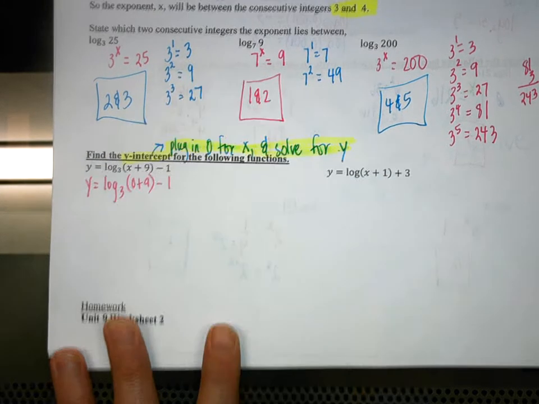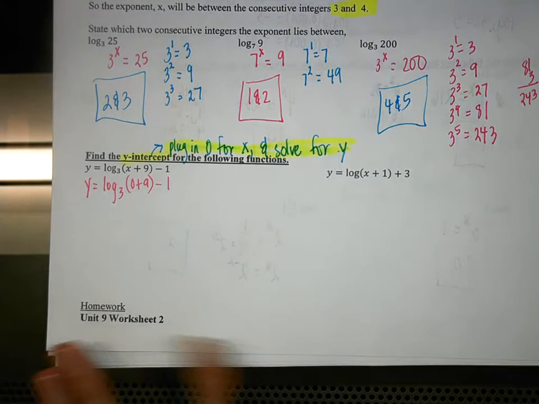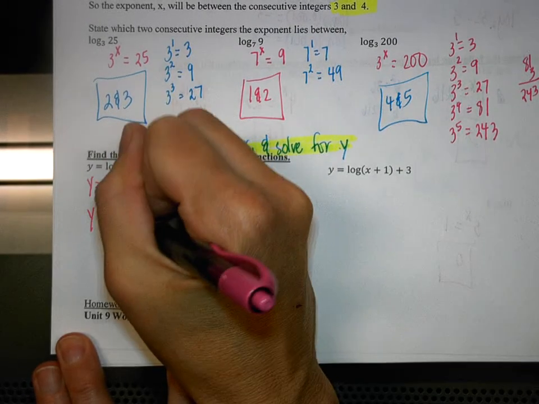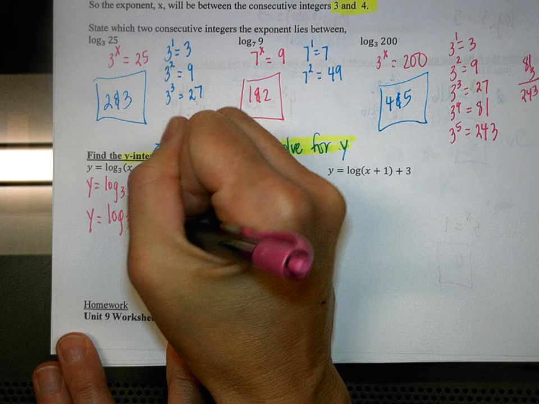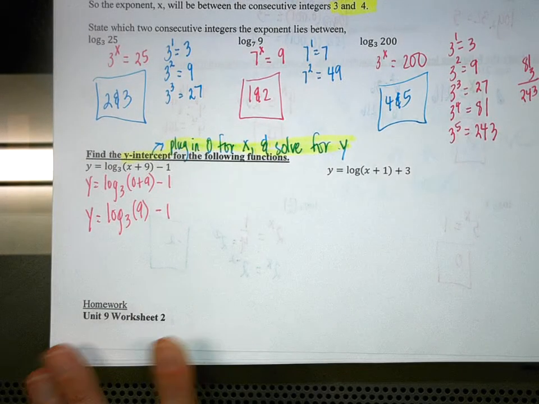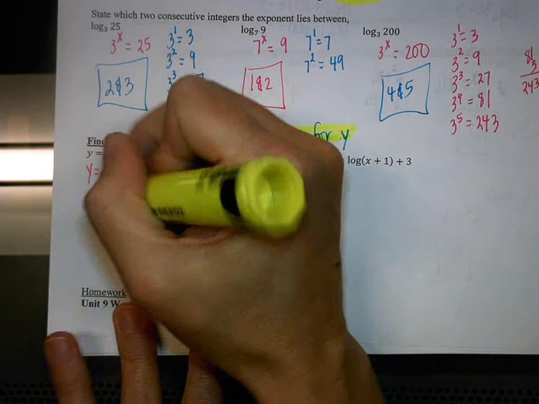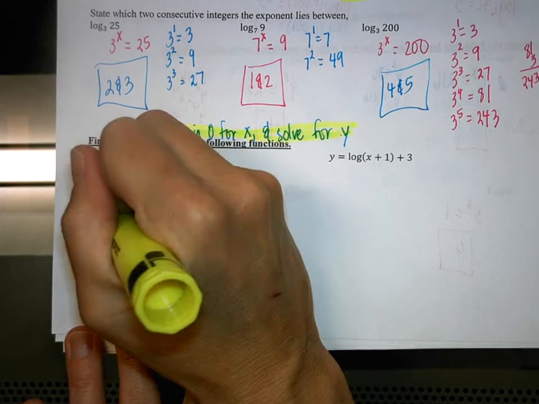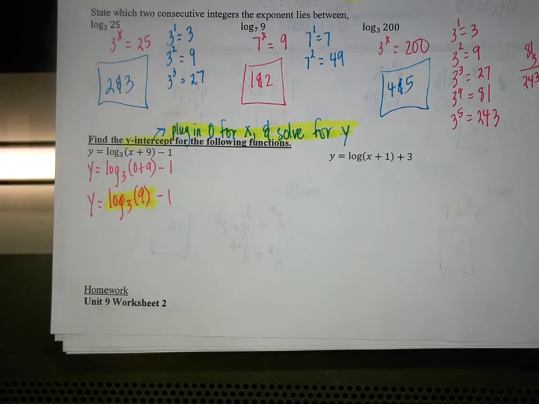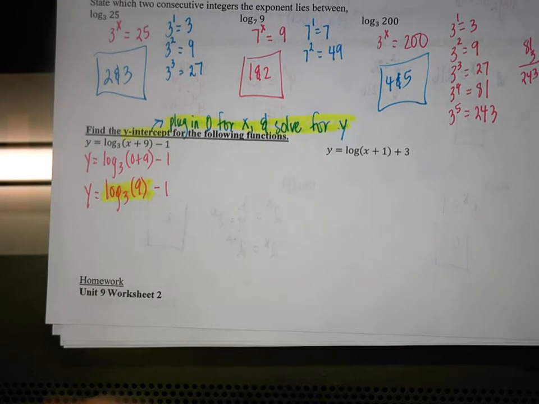Okay, so I plugged in 0 for x. What is 0 plus 9? Okay, so y equals log base 3 of 9 and then minus 1. Now, this log base 3 of 9 is separate from that minus 1. Okay, do not go 9 minus 1 and get 8. That would be incorrect. But do we know 3 to what power equals 9?